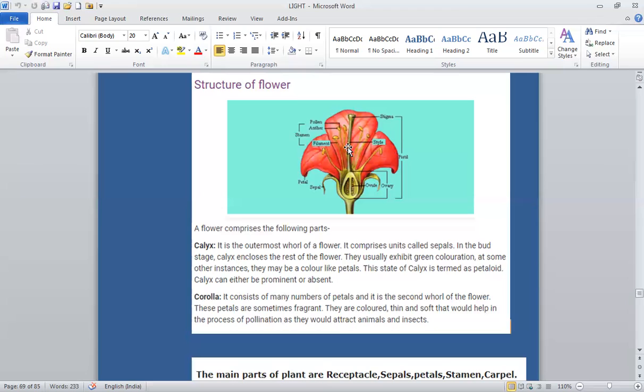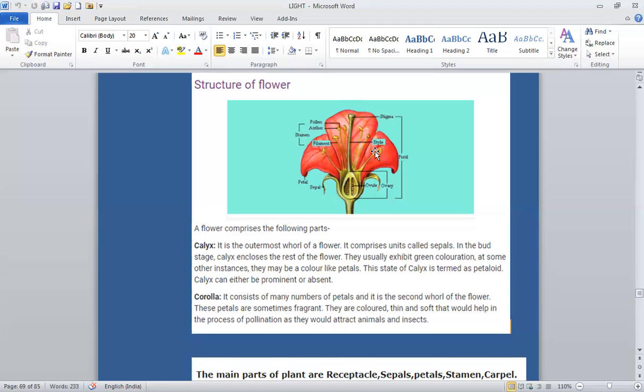Examples of bisexual flowers are mustard, China rose, etc. A flower having only one type of reproductive organ is known as a unisexual flower. Those flowers which bear only stamens are known as staminate, and those which bear only the female organ, that is pistil, are known as pistillate flowers.